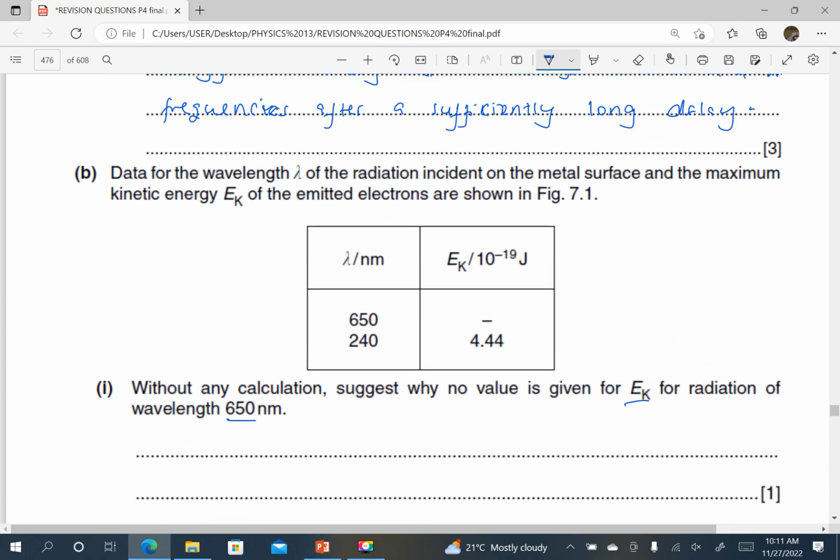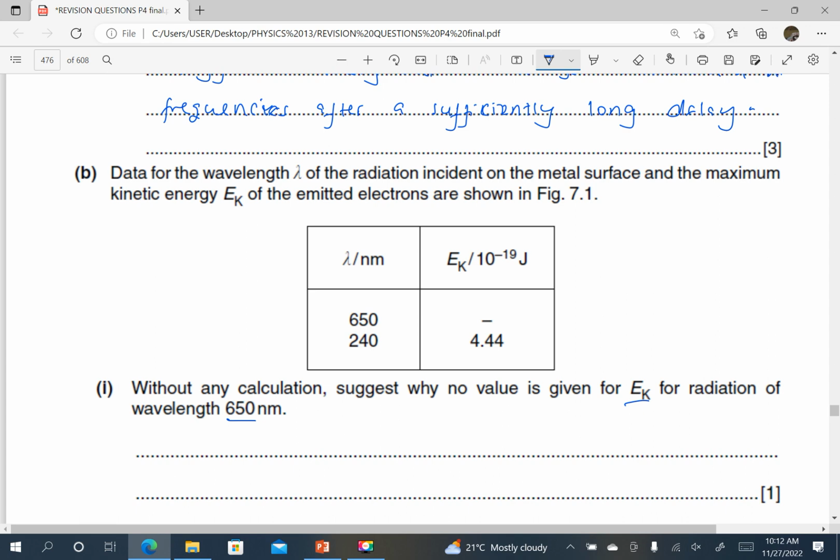Why is it that there is no value for kinetic energy?